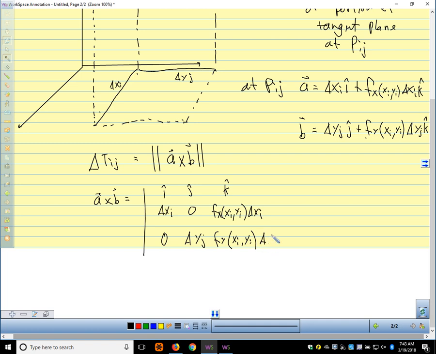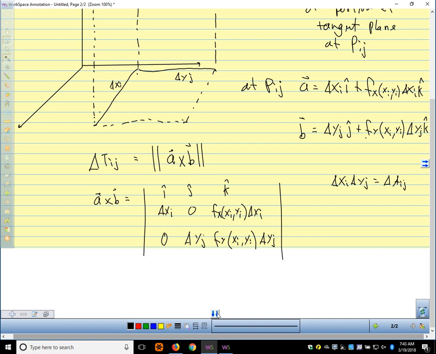When we take that cross product, we get these products, delta x sub i, delta y sub j, that we can factor out. So I'm going to call delta x sub i, delta y sub j equals delta A sub ij. Just a little piece of area, delta x, delta y.